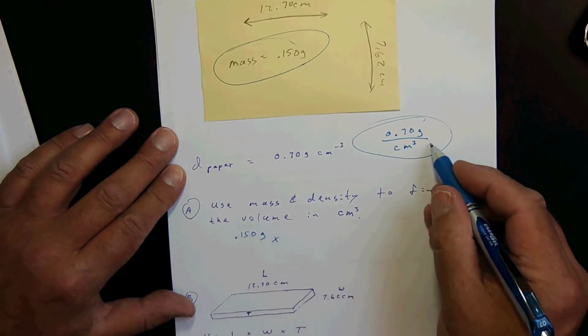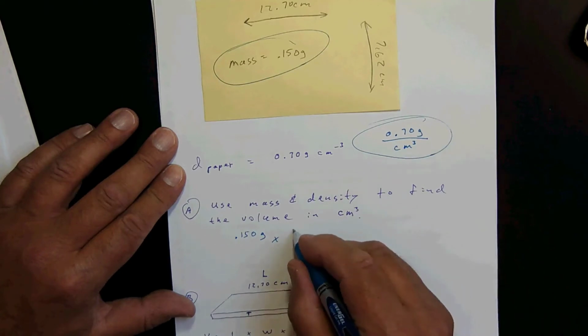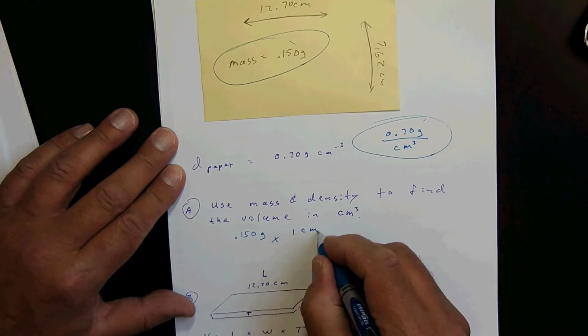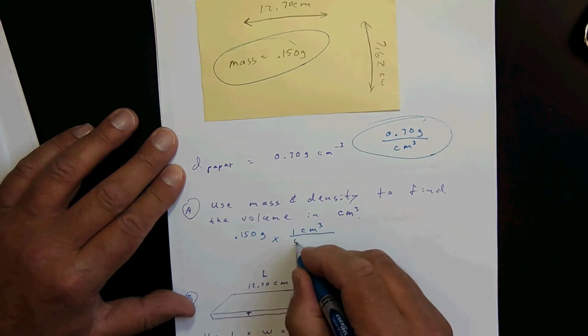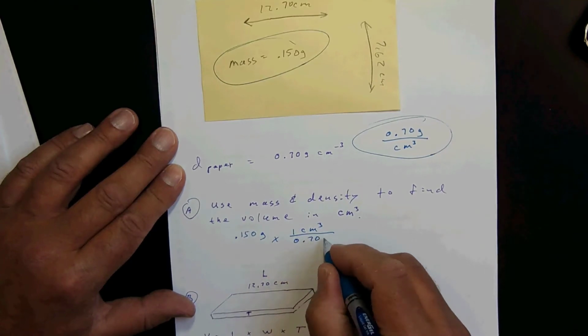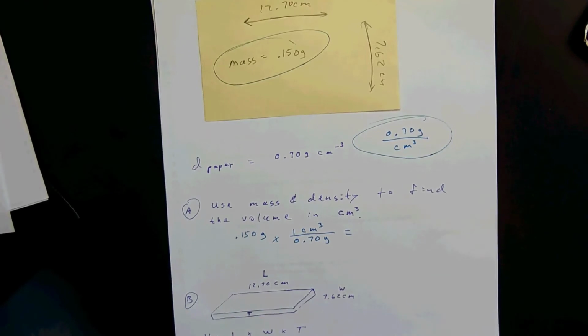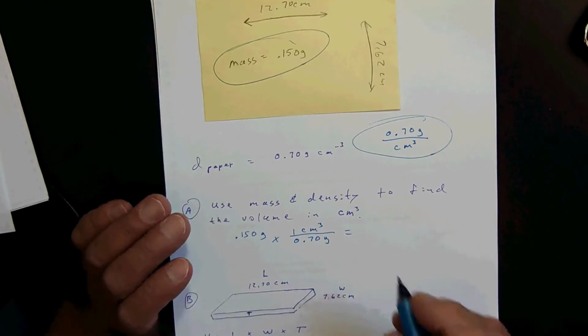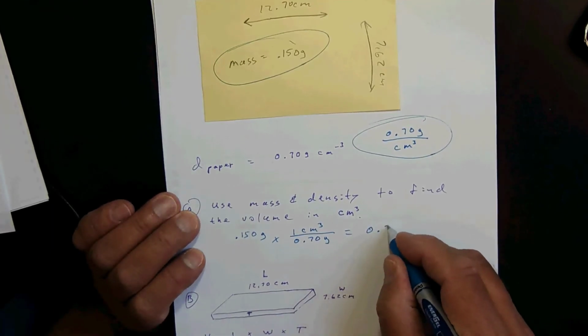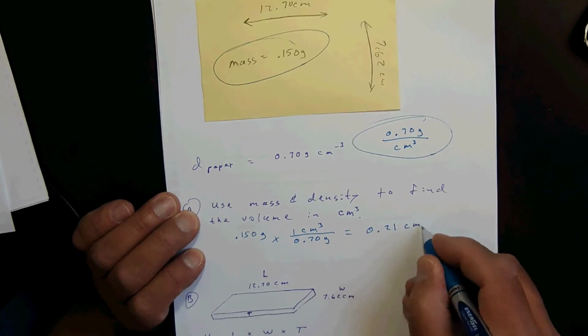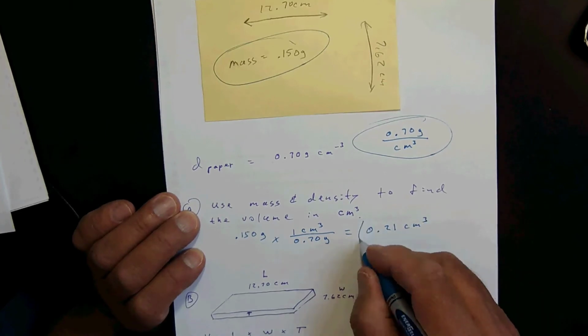I would take this guy here, my density, and say, oh yeah, I got 1 cubic centimeter for every 0.70 grams. And 0.15 divided by 0.7, I'm going to get 0.21 cubic centimeters.